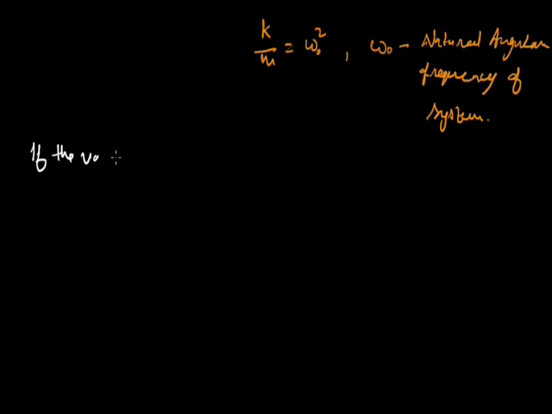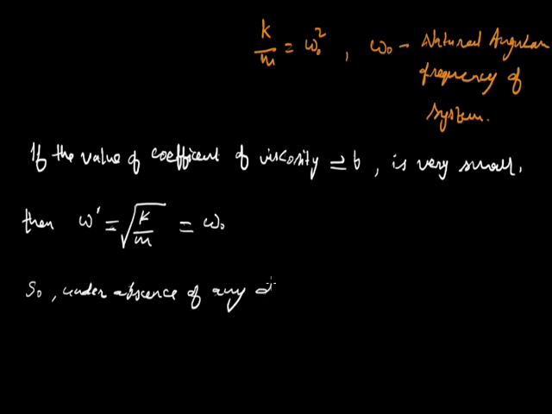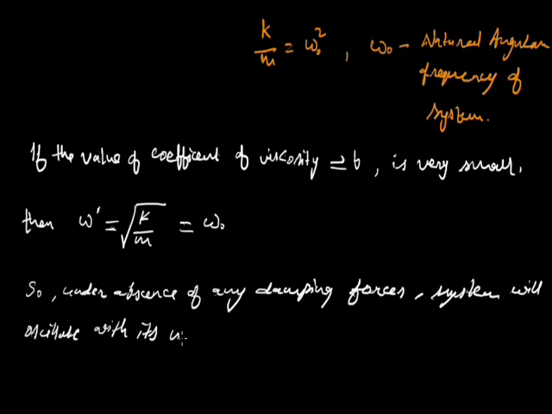If the value of the coefficient of viscosity b is very small, then ω' will be equal to the square root of k/m, which will be equal to ω₀. So in the absence of any damping forces, the system will oscillate with its natural frequency.